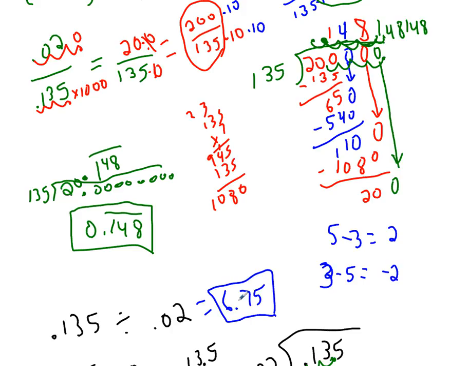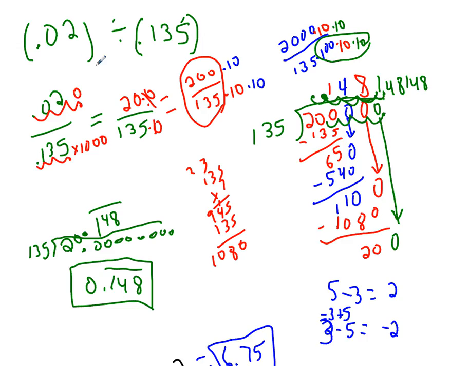We get the multiplicative inverse if we switch the order in division. So that's why I have to pay attention to the order when we're dividing. Whereas if we turn it into multiplication, we don't have to stress about that. Just like if we turn this into addition, we don't have to worry about the order. We could have said 0.02 times 1 over 0.135 if we wanted to think about it that way.